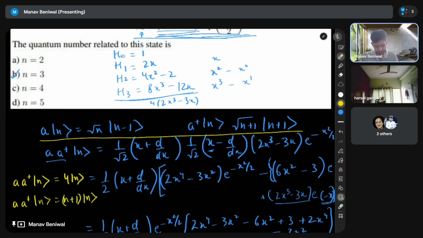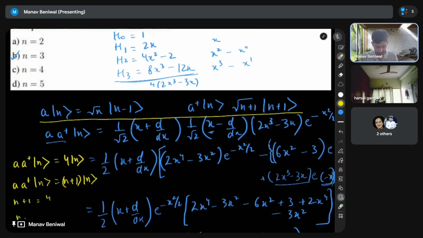So on comparing, we get n plus 1 is 4, which means n is 3, right?